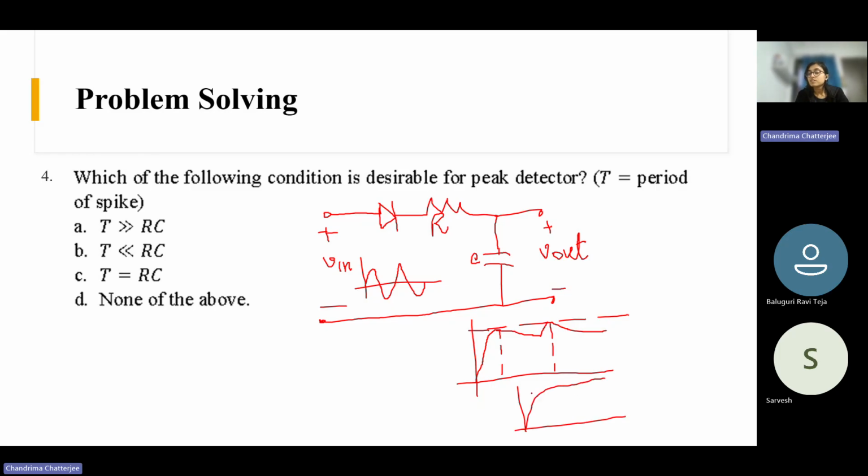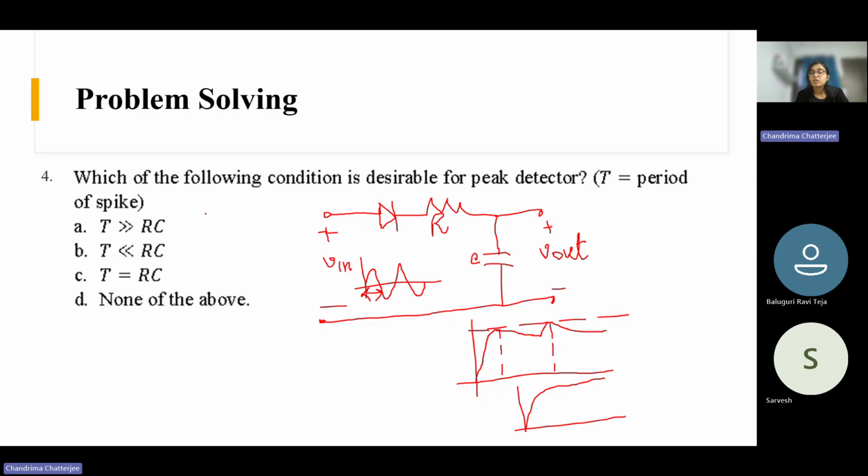So you will get the peak. Now for this, the capacitor should get charged very quickly, and that should happen within this portion.